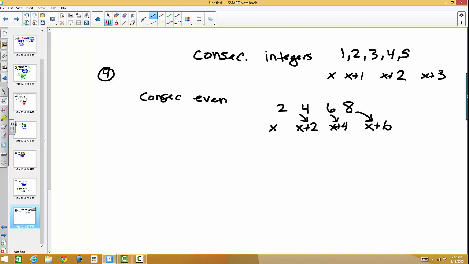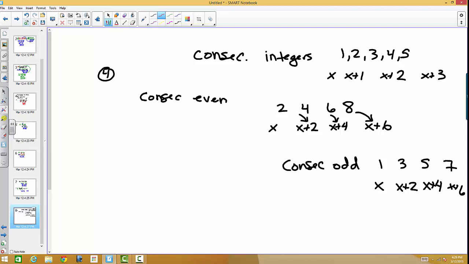If it says consecutive odd, it's the same exact thing because your numbers are 1, 3, 5, 7, and so on. So if 1 is x, 3 is still x plus 2. 5 is still x plus 4. 7 is still x plus 6.